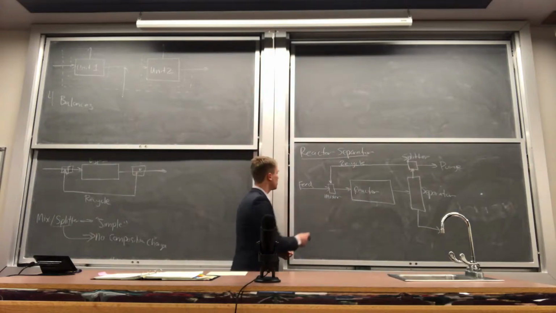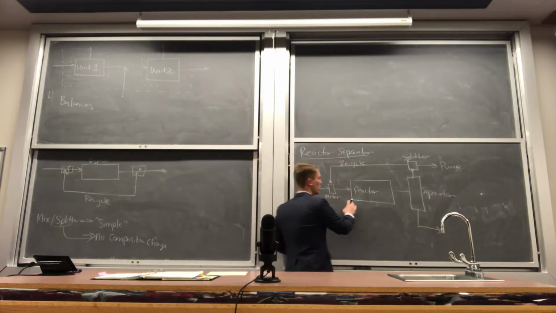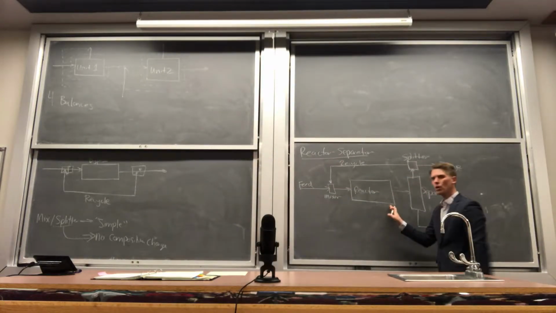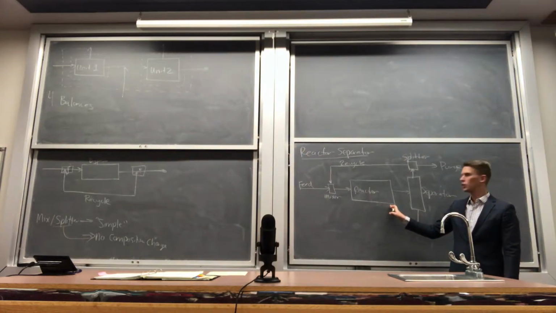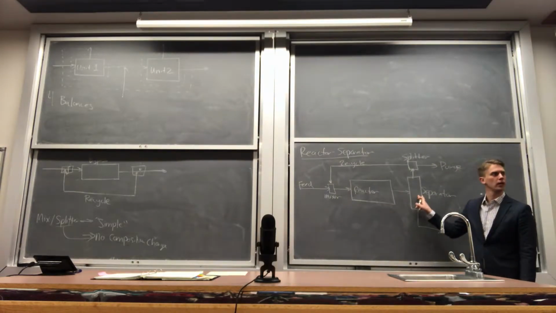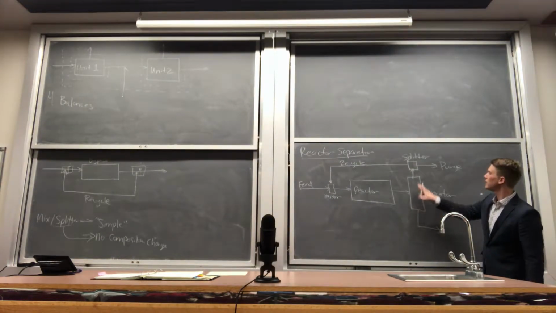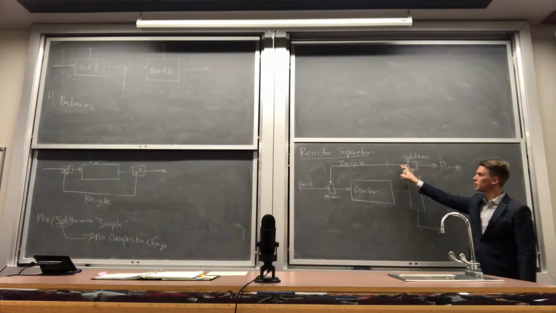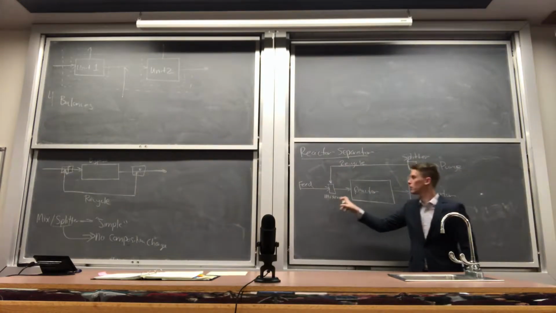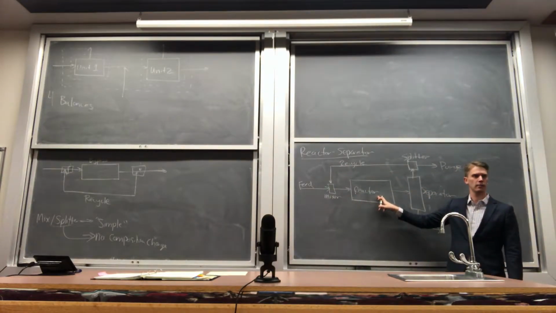So what happens is you send in your feed, it goes through the reactor, only some of it reacts. So you have a separator that's designed to pull away, typically your product comes out of the bottom stream, and send back your unreacted materials back through a mixer and through the reactor again.